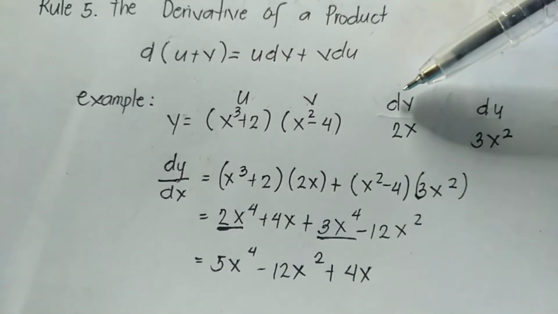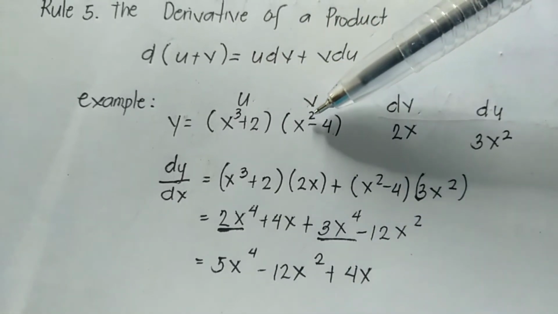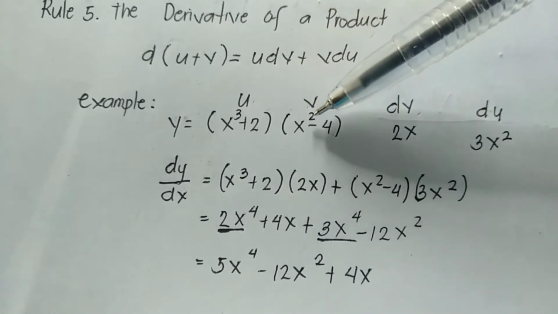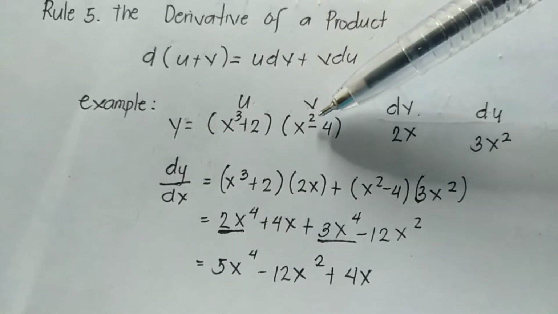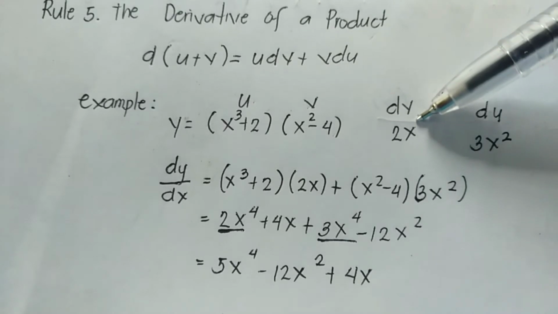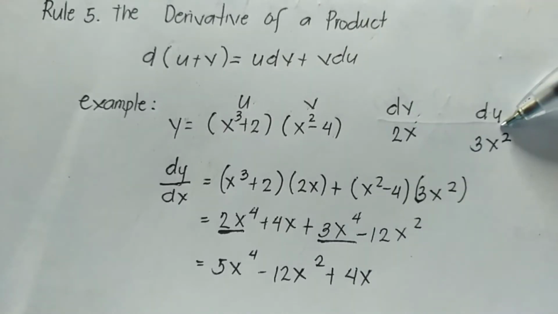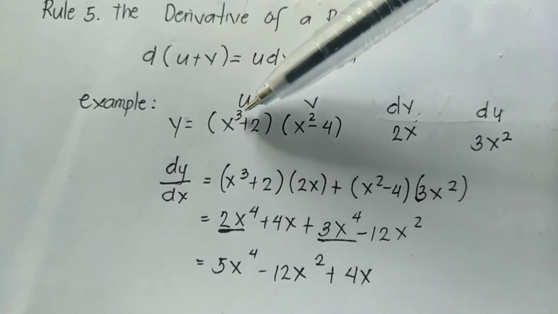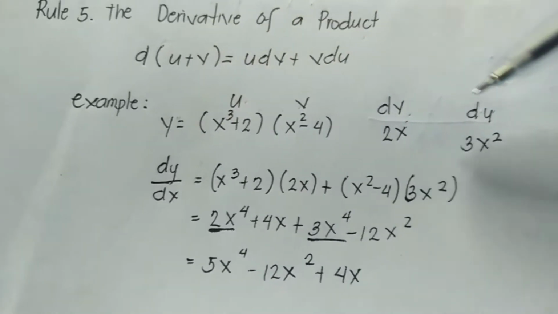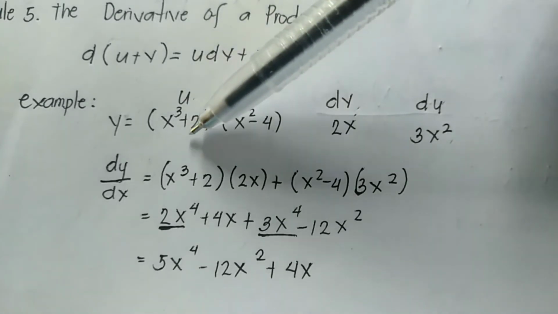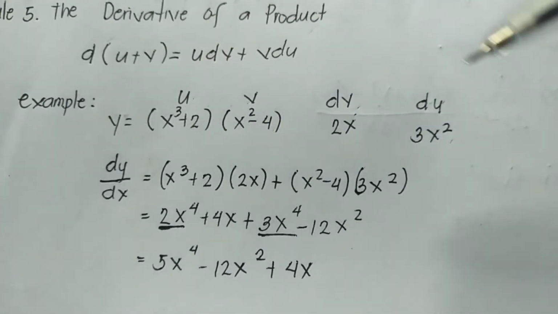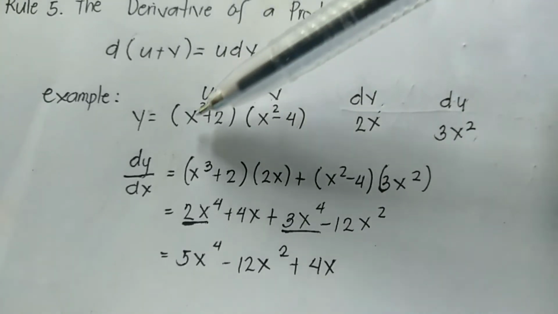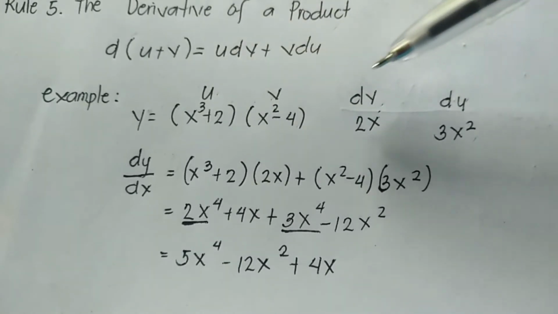Then the derivative of v is 2 times x, 2x raised to 1. We don't need to write the 1 here. Then the derivative of u, 3 times x is 3x. 3 minus 1 is 2. 3x squared. And 2 is a constant, so its derivative is 0.